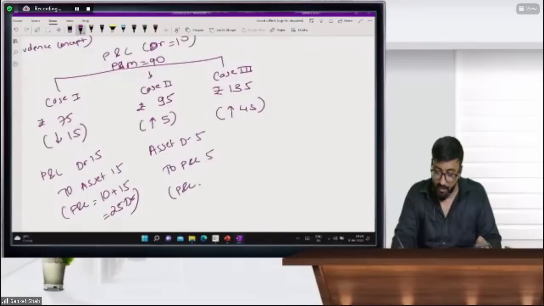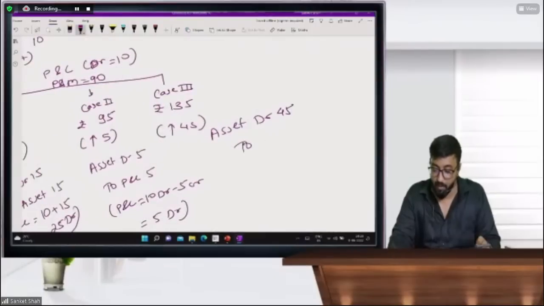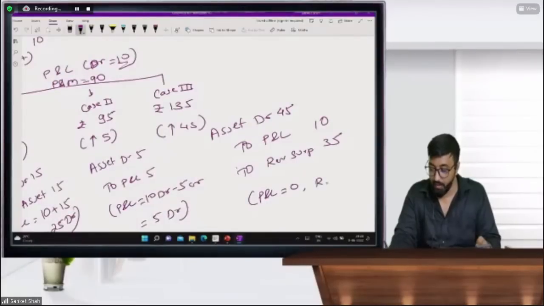So P&L balance 10 debit minus 5 credit, so 5 still debit. And in the last case, asset account debit 45. Asset account debit 45 to P&L restricted to 10 and to revaluation surplus 35. So here P&L balance will be 0 and revaluation surplus balance will be 35.